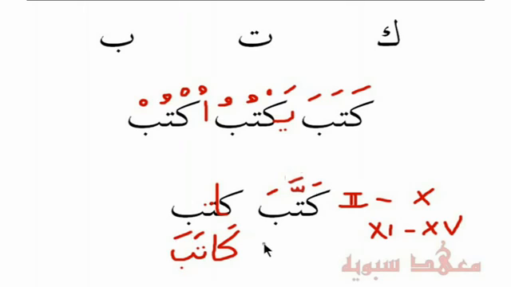This is a form 3 verb, and this means the verb of kataba is actually shared between 2 or more people. Kaataba would be correspondence, meaning you're writing to somebody and somebody's writing it back to you, and that's what form 3 means. So it's a shared act, correspondence.